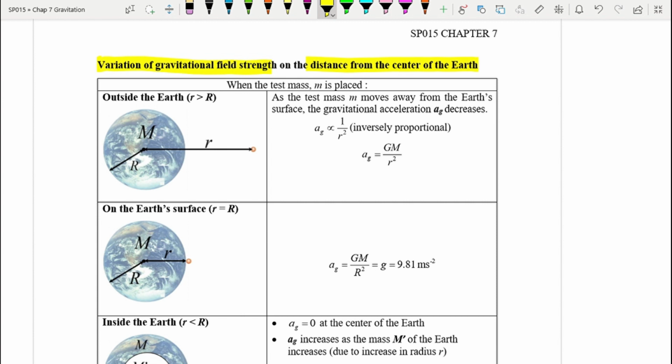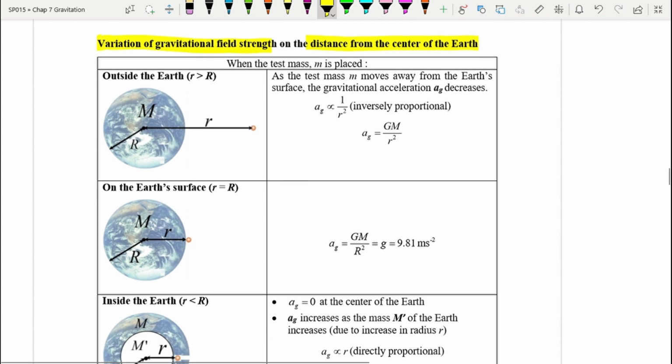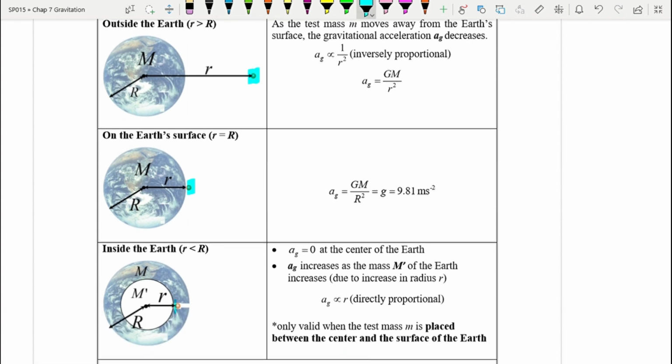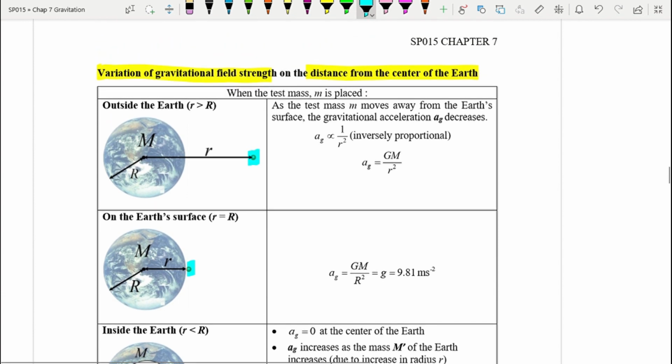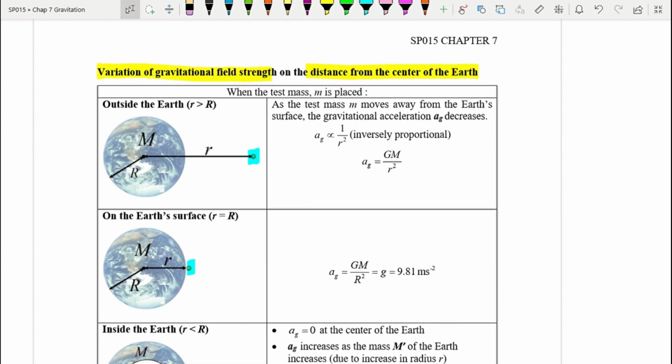So kita ada 3 case dekat sini. So position pertama, kita letakkan kita punya test mass at the distance outside the earth. Position kedua, betul-betul on the surface of the earth. Position ketiga kita letak di dalam earth. Okay, apa jadi dengan AG value? So obviously kita ada satu formula untuk tengok the strength of AG from the surface of the earth.